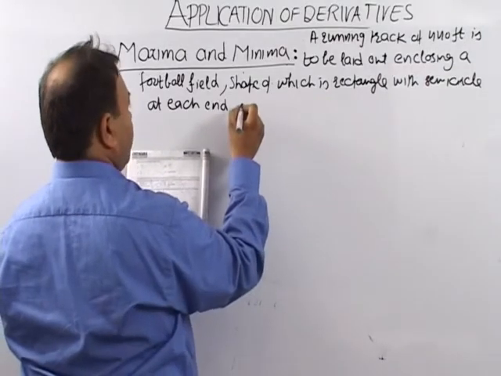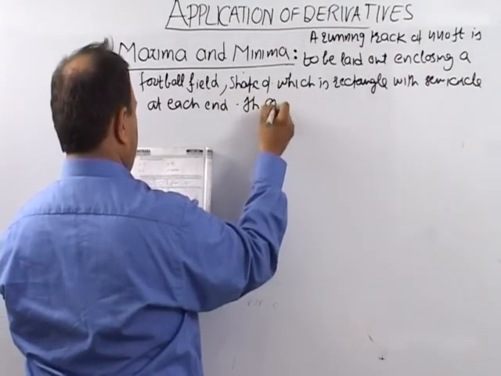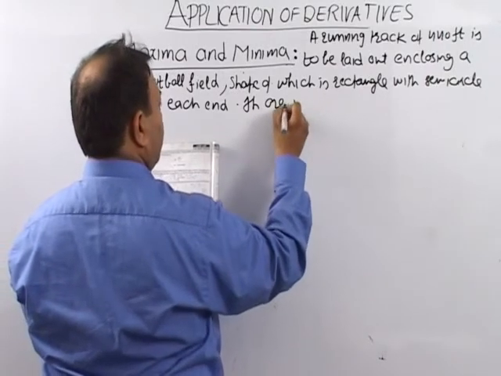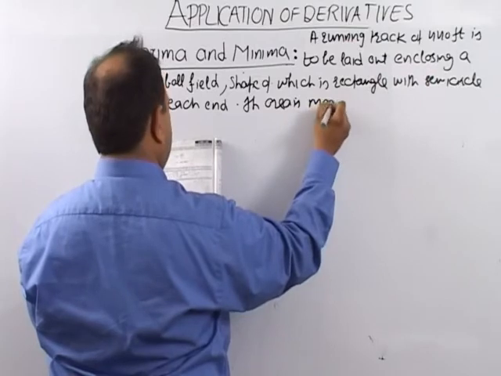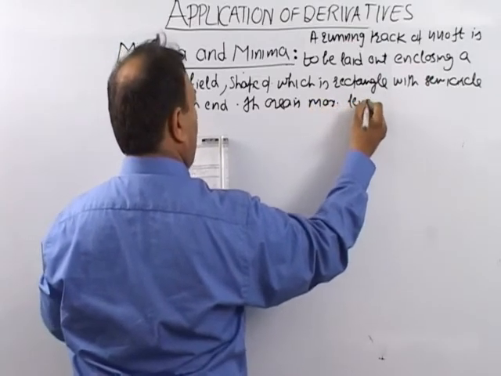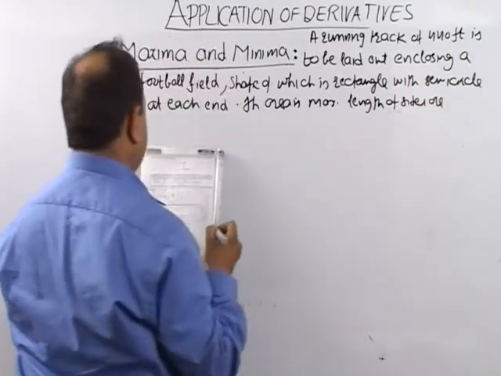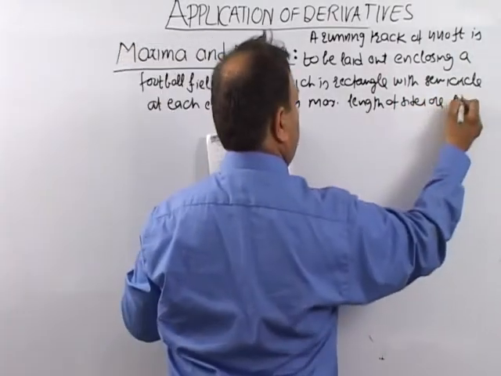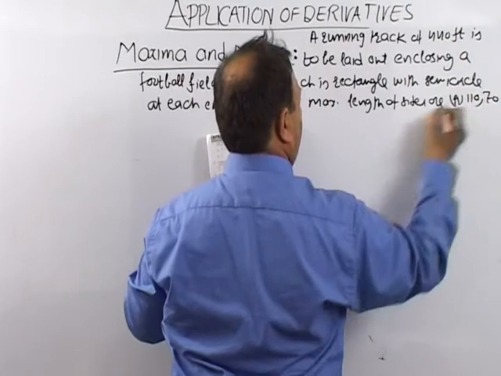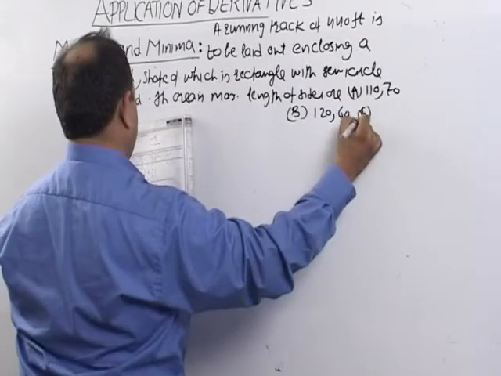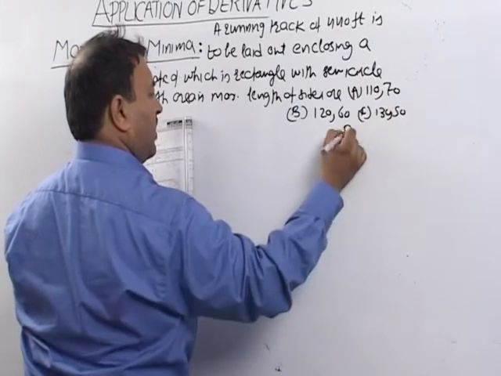If the area is maximum, the lengths of the sides are: A 110, 70; B 120, 60; C 130, 50; and D none.